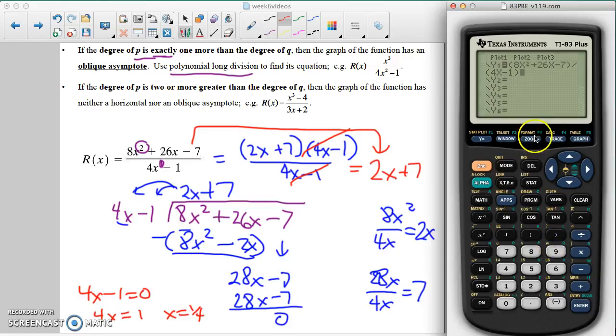All right, and we're going to do our zoom decimal 4 so we can see the missing point, hopefully. We can't see the missing point because we're too high there, but it looks like a straight line, and we're not able to see the missing point because of the window.